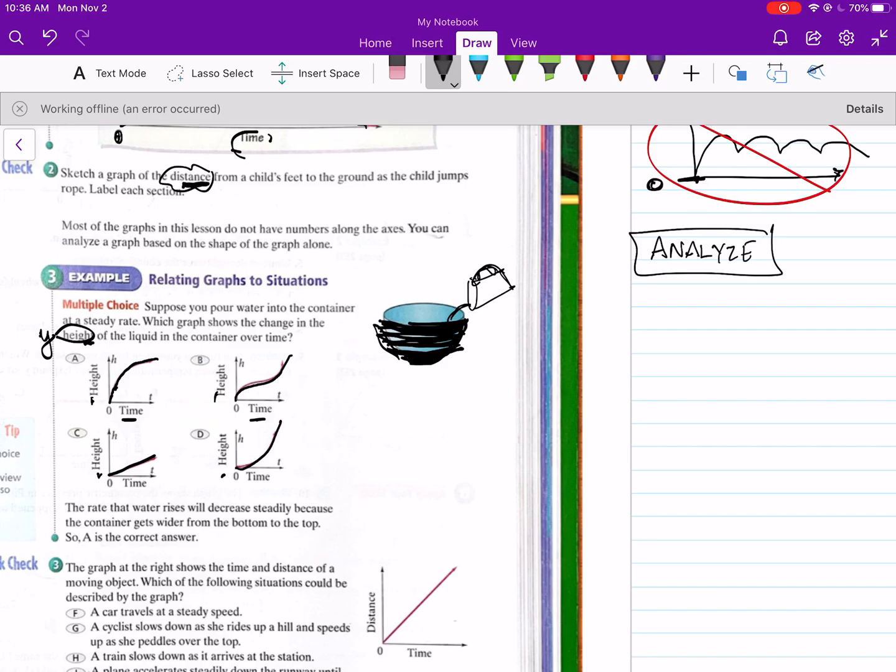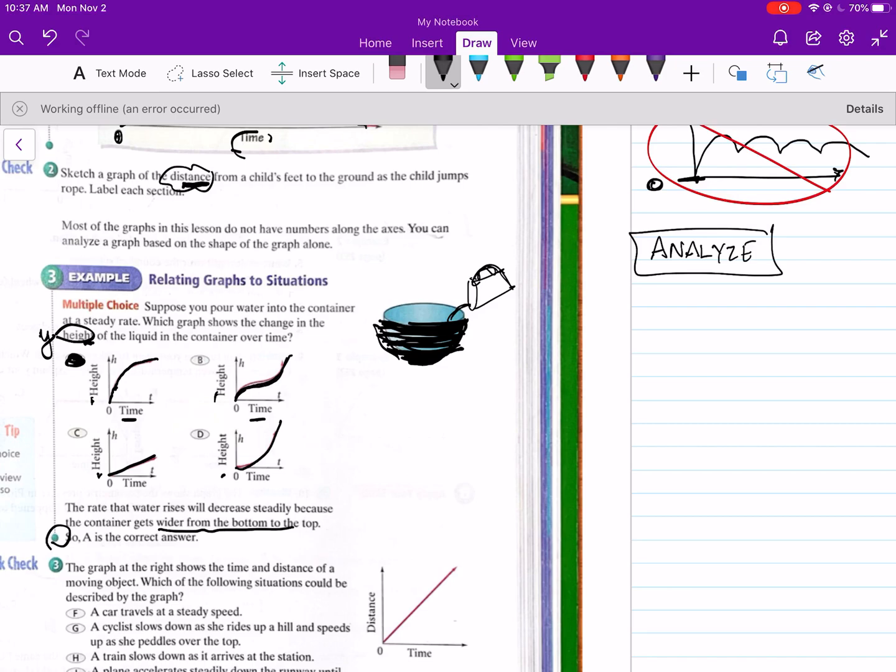So the one that started out going really quickly and then kind of levels off would be A. And that's what it says: the rate the water rises will decrease steadily because the container gets wider from the top to the bottom. So A is correct. Now, if we go back to this one, think about it. It went quickly, then it leveled off, and then it went quick again.